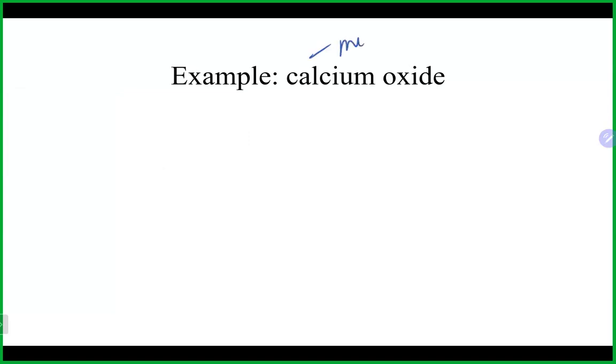Let's take a look at another example here. Let's say we took calcium and oxygen. Calcium is a metal. Oxide, which is the negative version of oxygen, is a non-metal. That combination of those two should tell us that we have an ionic bond happening here.